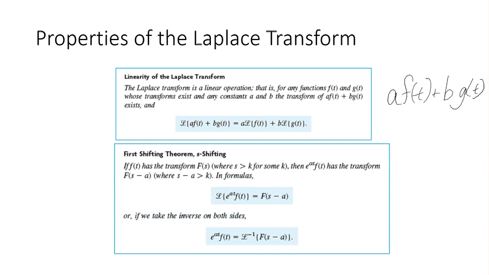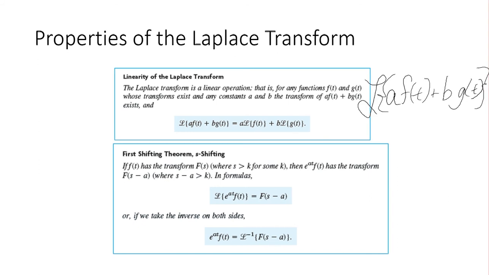If we take the Laplace transform of this function, we use this linearity principle to say that this is equal to the summation of these two signals now in the Laplace domain.